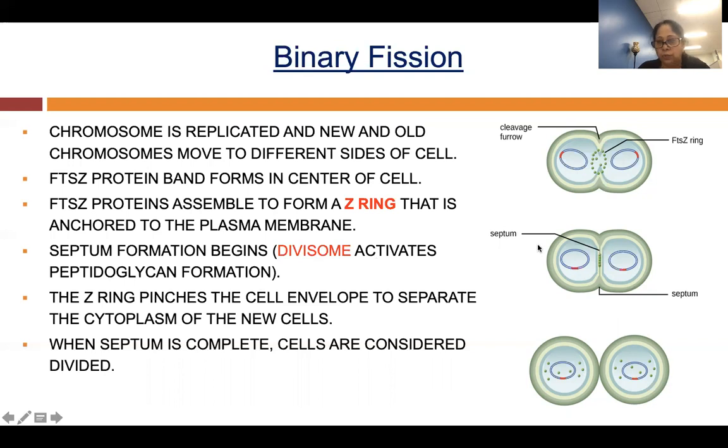It's called the divisome or the septum. And when the cytoplasm gets completely separated by the divisome, then we say that the parent cell has divided into two, or that binary fission is completed. So that's the process of binary fission.